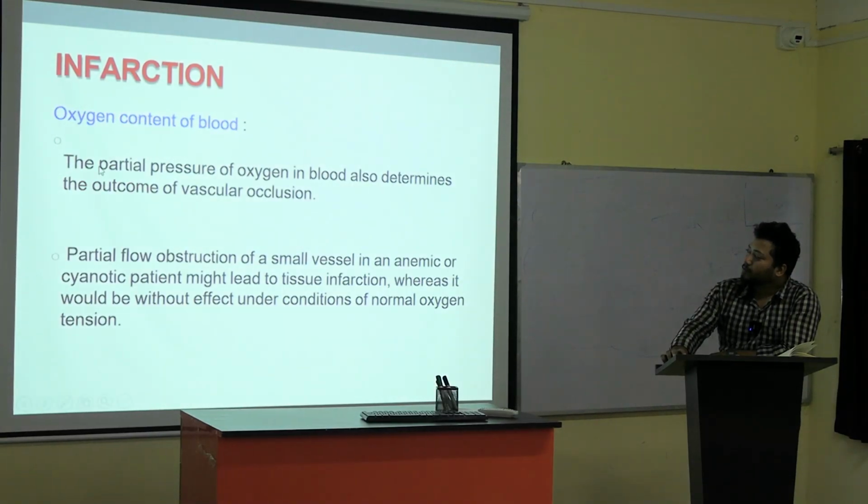Oxygen content of blood. Partial pressure of oxygen in the blood also determines the outcome of vascular occlusion. When we take an arterial blood gas directly from our arteries, we can see the partial pressure of oxygen and partial pressure of carbon dioxide.